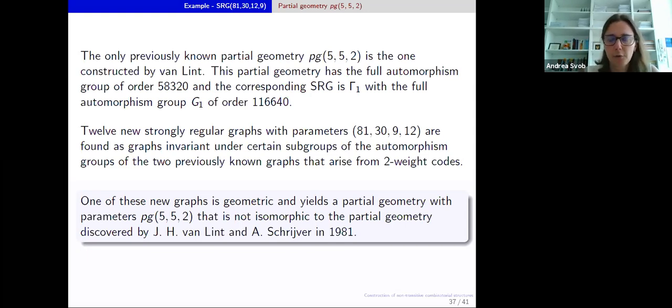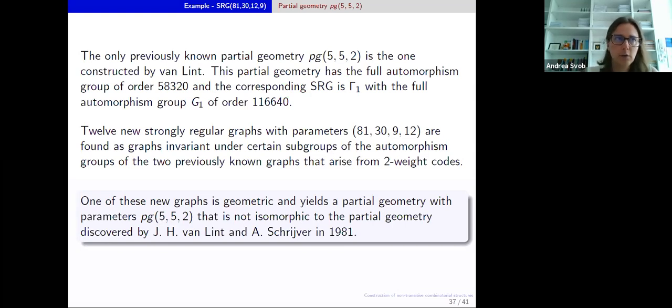From this geometric graph, we obtained a new partial geometry, PG(5,5,2), that is not isomorphic to the partial geometry that was known before.